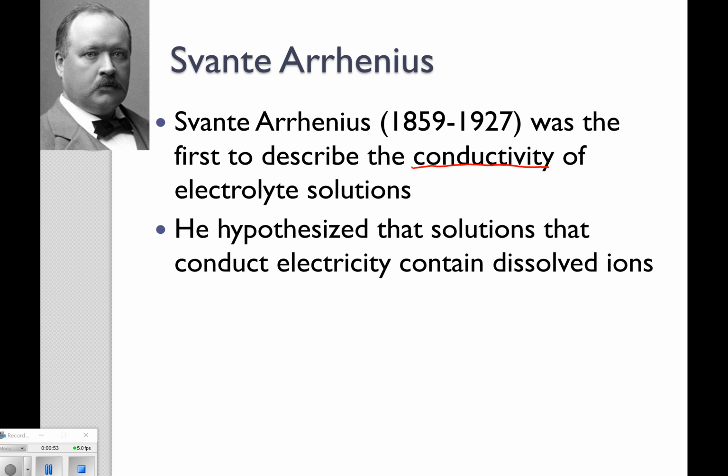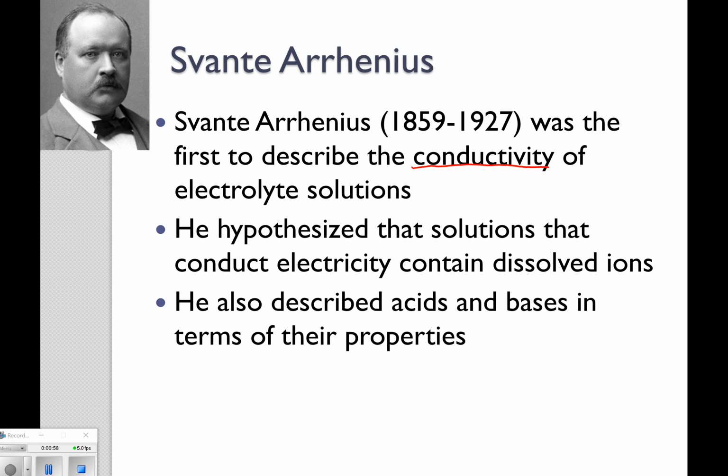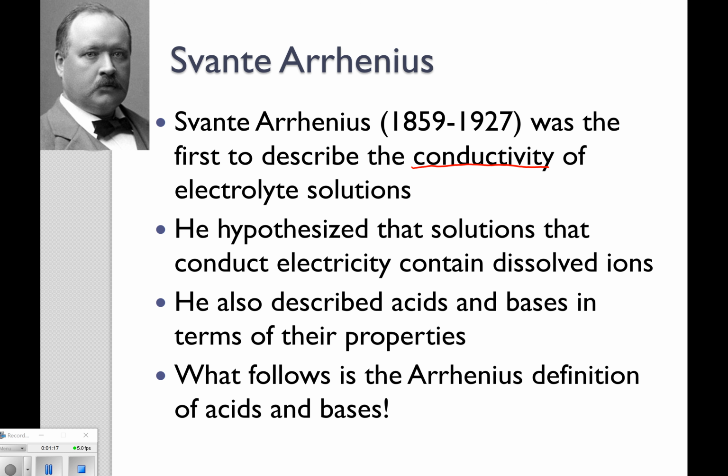And he hypothesized that solutions that conduct electricity have to contain some type of dissolved ion that's going to carry charge throughout the solution. He also described acids and bases in terms of their properties. So not only were they able to conduct electricity, since they are considered electrolytes, but he was able to describe them in terms of their varying properties.